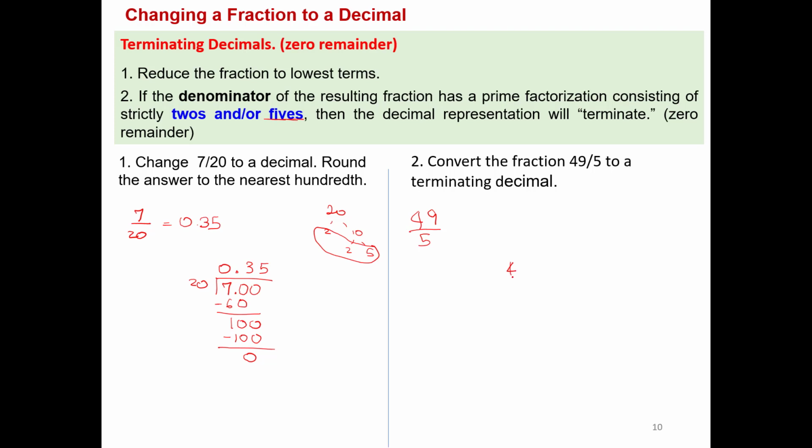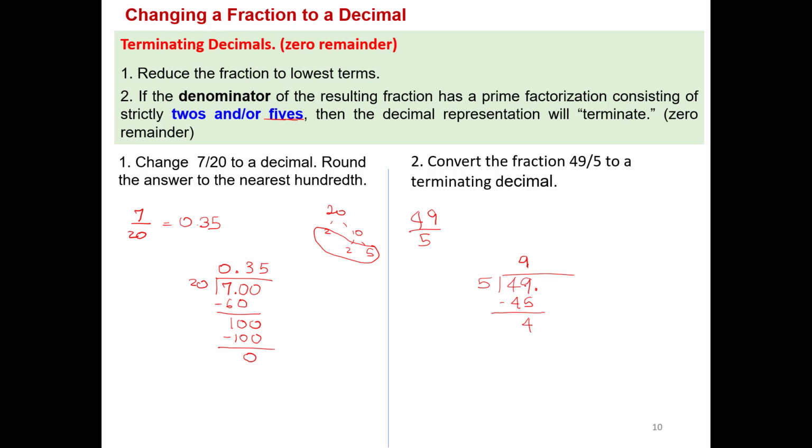And let's divide. How many 5's in 49? 9. 9 times 5 is 45. Subtract: 49 minus 45 is 4.